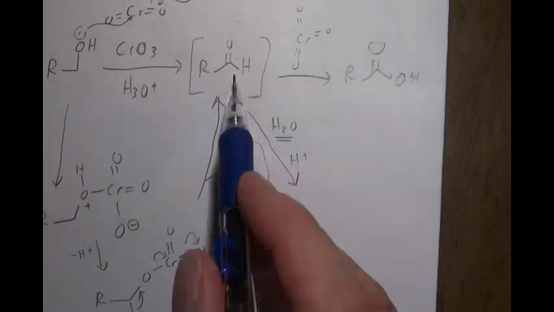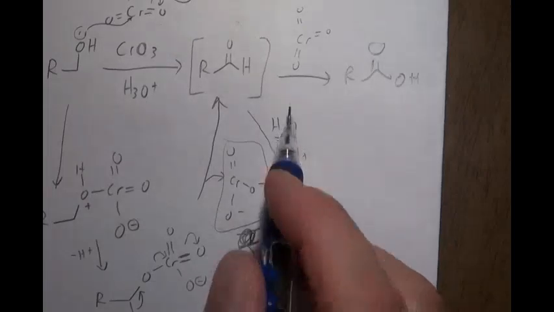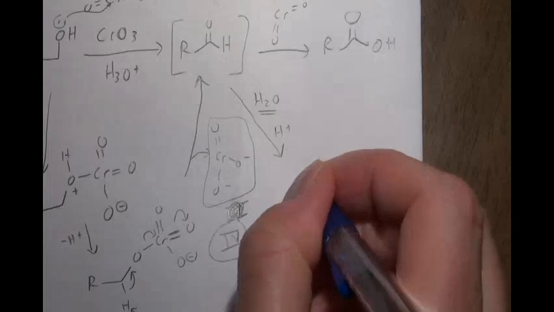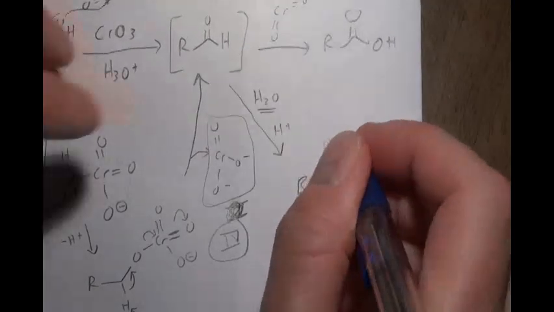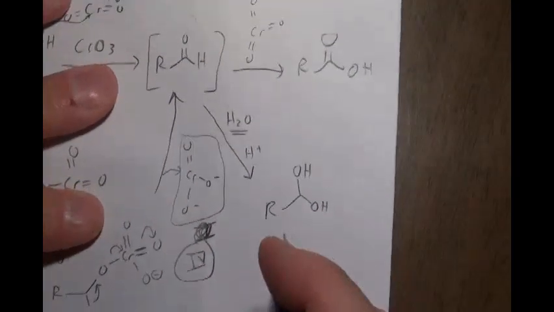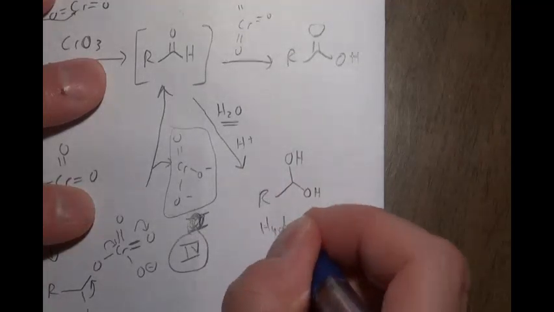And what was the first reaction we learned in chapter 17? Aldehydes react with water and acid. And the water attacks the aldehyde and makes this thing. What's that called? It had a name. It's a hydrate.